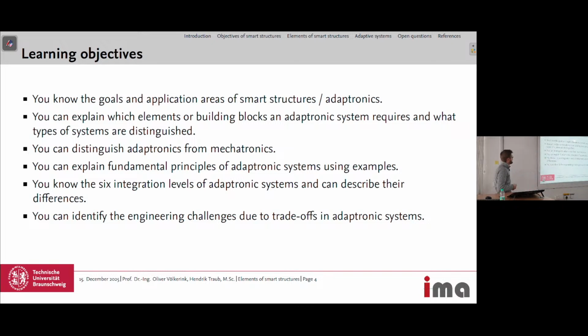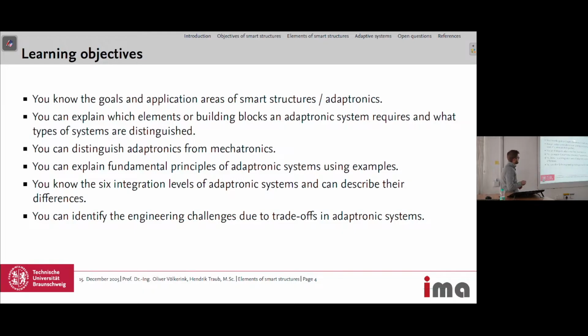So what are the learning objectives of this lecture? The learning objectives are that you know the goals and application areas of smart structures or adaptronics. So our institute is called Institute of Mechanics and Adaptronics, which is a German word for smart structures. I will get to it in a few minutes. Then a goal is that you can explain which elements or building blocks are needed for adaptronic systems or smart structures and what types of systems we can distinguish.